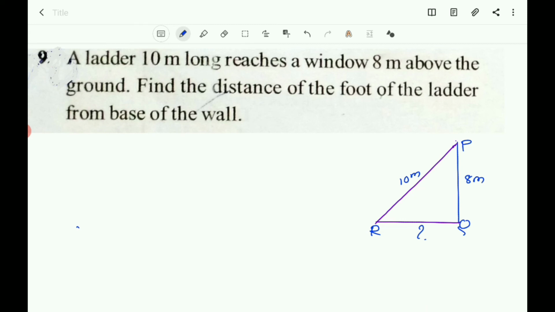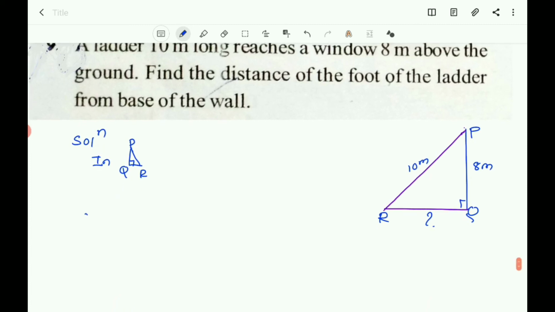Here, apply the Pythagoras theorem, as the wall is always perpendicular to the base. So you take the solution here. In the right angle triangle PQR, Q is the right angle, meaning PR becomes the hypotenuse.